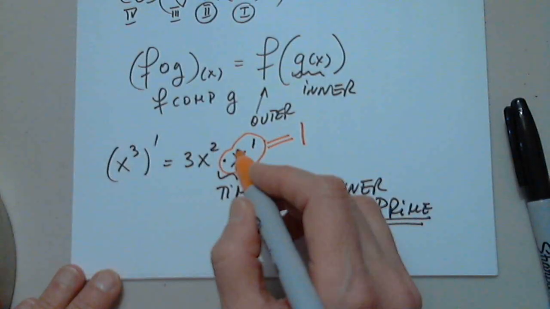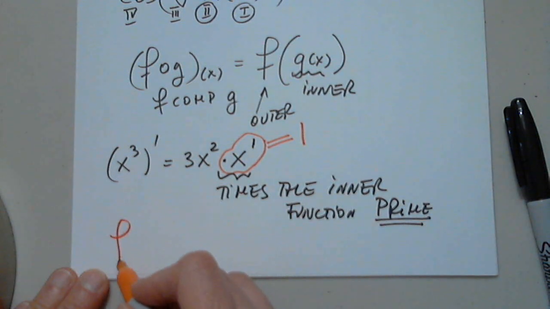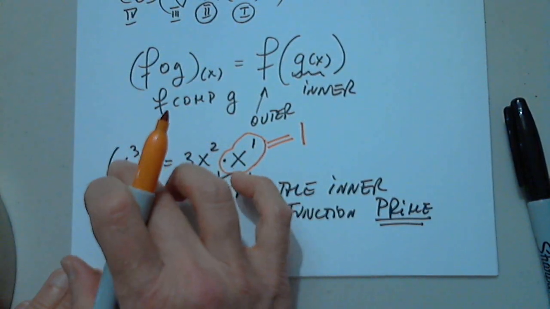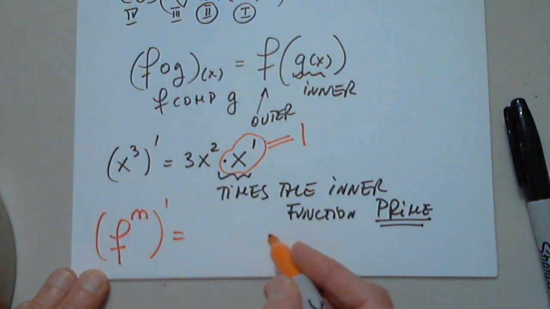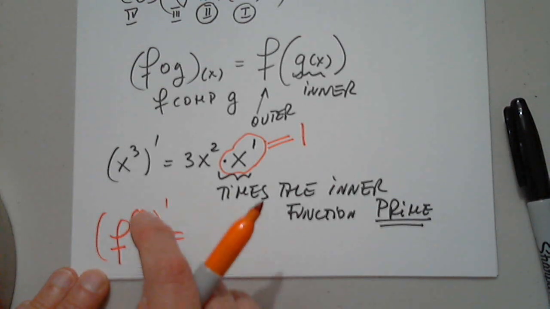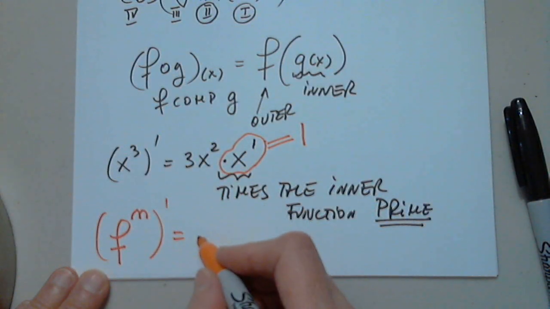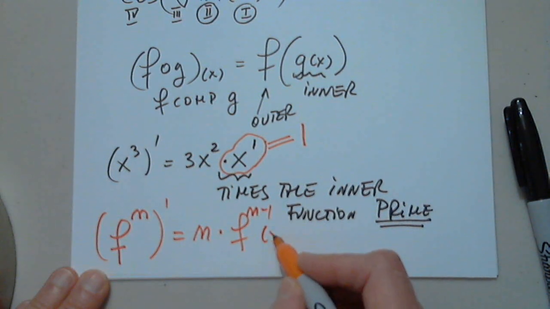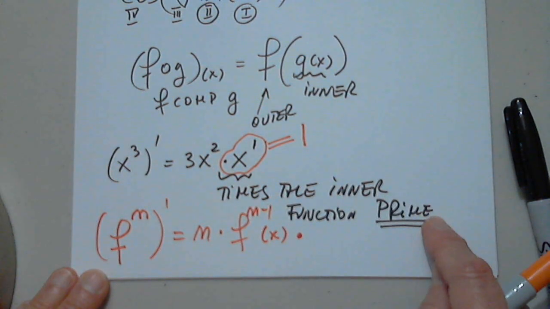But can anyone give us, based on what we just discussed, the definition of a function to a power, not x, but a function to a power prime? Can you mimic this and tell me what to write? Raised to n minus 1. Times the inner function prime.